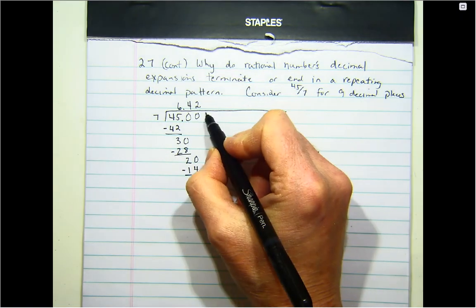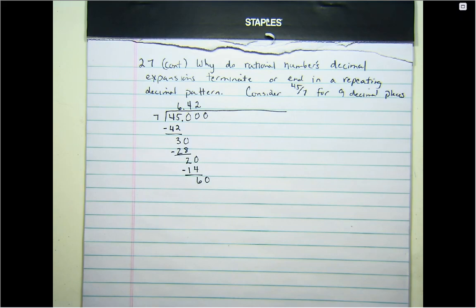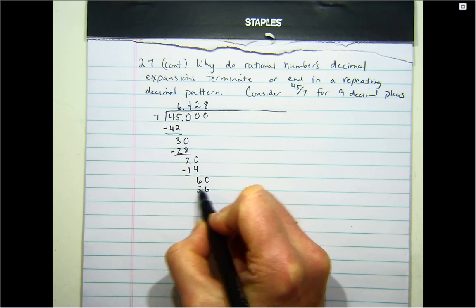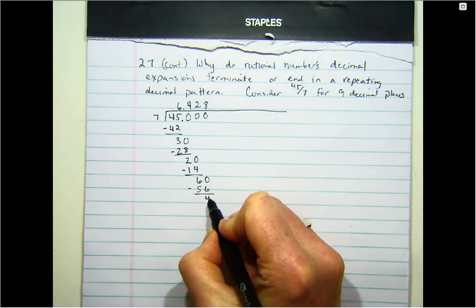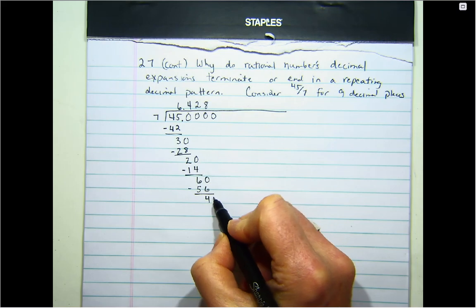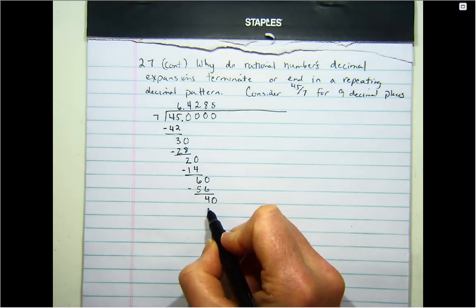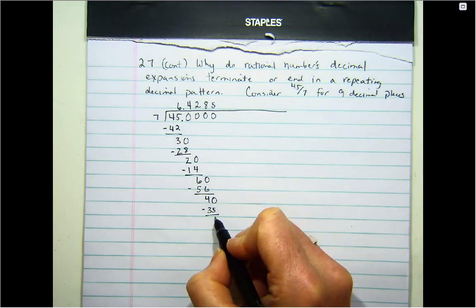We'll bring down another 0. 7 goes into 60 8 times. 8 times 7 is 56. Go ahead and subtract. 60 minus 56 is 4. Bring down another 0. 7 goes into 40 5 times, because 5 times 7 is 35. 40 minus 35 is 5.